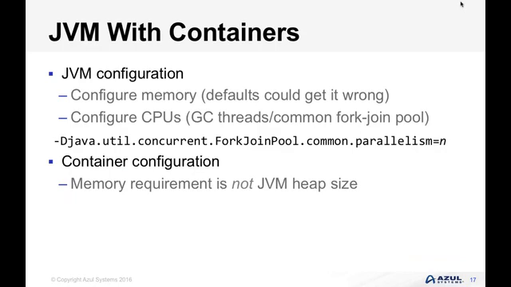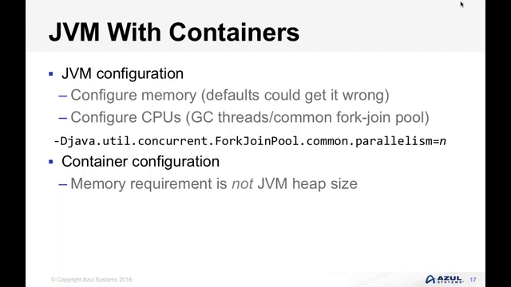You also need to make sure that you configure the number of CPUs, because again, the JVM is not cgroup aware. What will happen is it will ask the underlying operating system how many processors are available, and it will get the number for the whole machine, not for that particular cgroup. That means that when the common fork join pool is created, when the garbage collection threads are started up, the numbers of those will be based on the number of processors and cores in the machine, not for the cgroup.